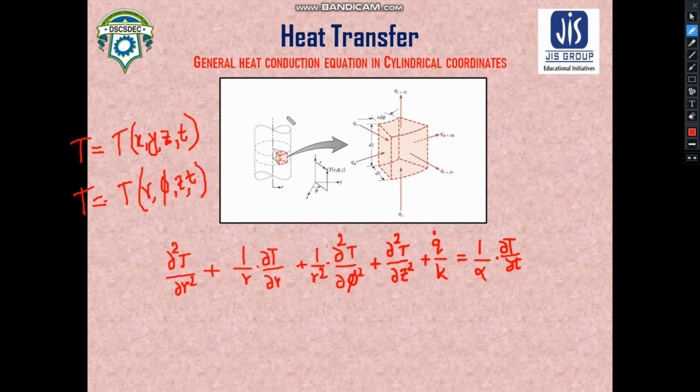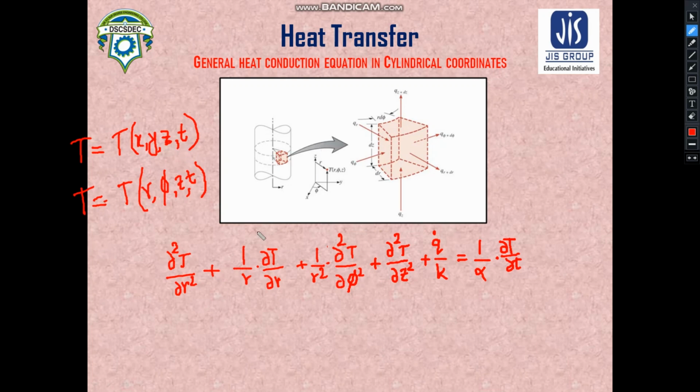So in cylindrical coordinates, the temperature will be a function of the radius of the cylinder, that is r, the angle phi, the height, that is z, and the time, that is t. Whereas in case of Cartesian coordinates, it would have been a function of x, y, z, the space coordinates, and the time coordinate, right?